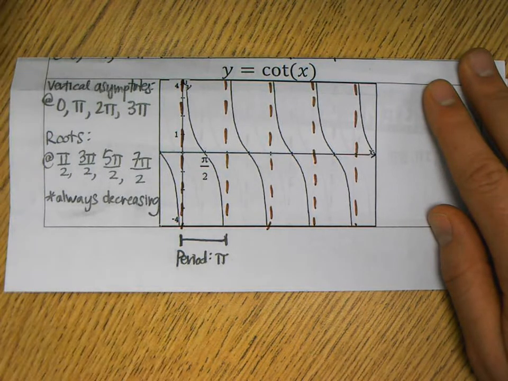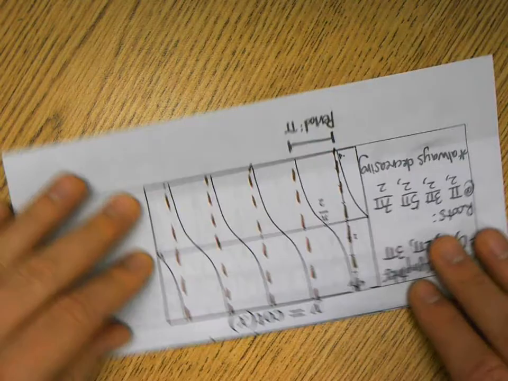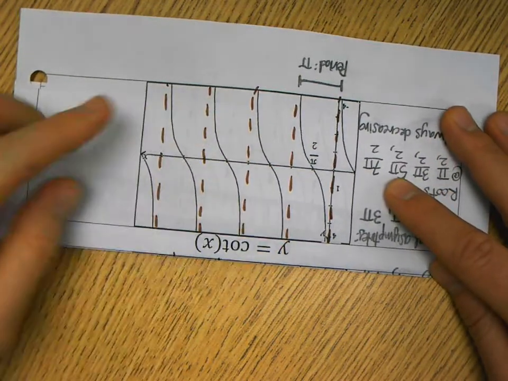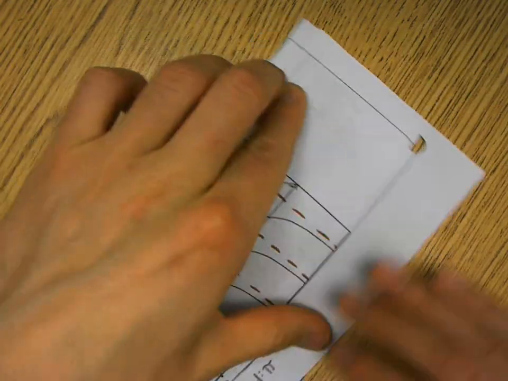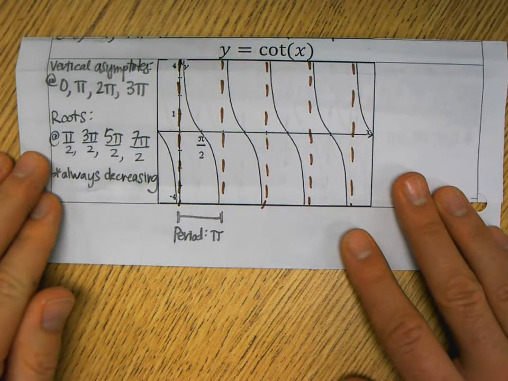This function is odd, because if I were to flip it around, again, this function is still only decreasing, never increasing. It's the exact same upside down as it is right side up, which means that this is an odd function.